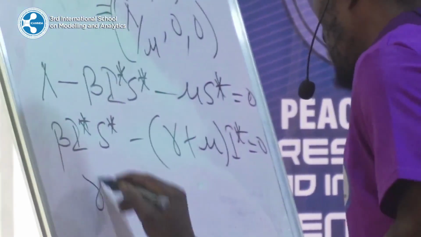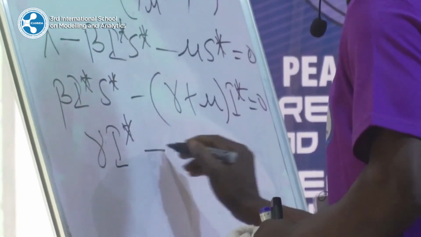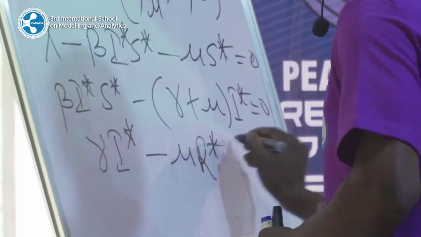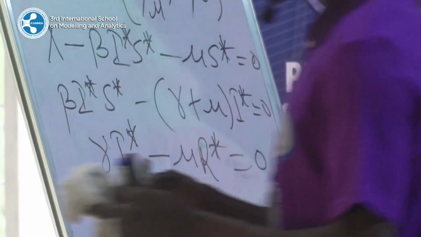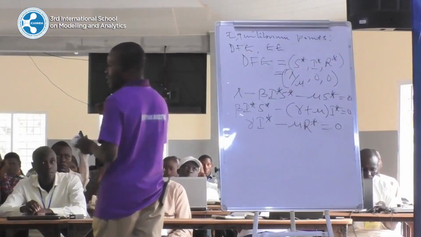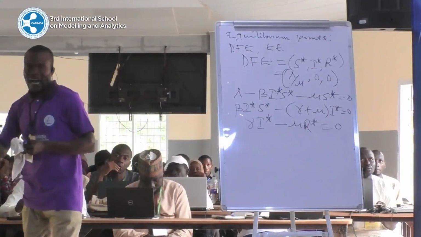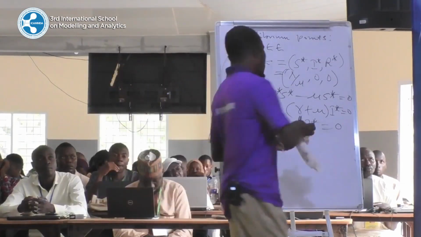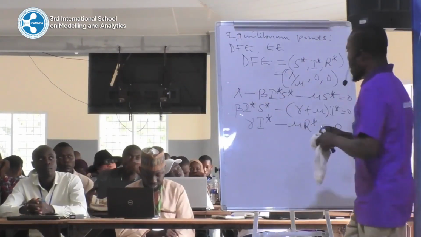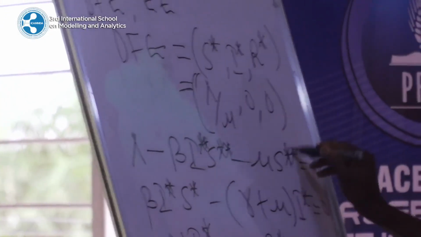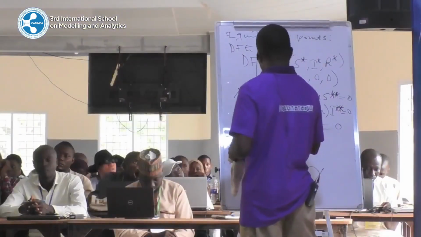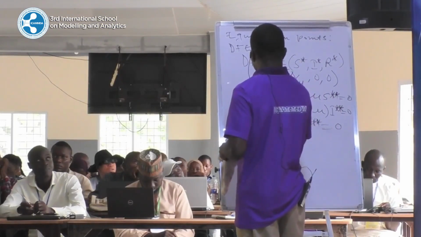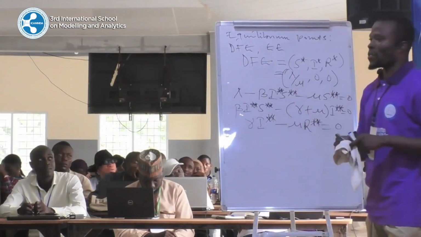And lastly, gamma I star minus mu R star equals 0. But to make the difference between disease-free equilibrium and endemic equilibrium, I can use a different notation. Maybe I make this I star star, S star star, and R star star, so that there will be a difference between the disease-free equilibrium point and the endemic equilibrium point.